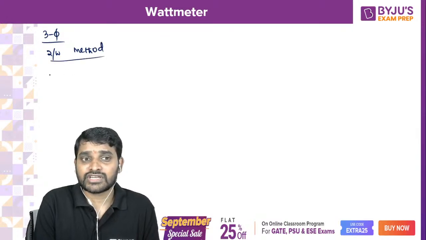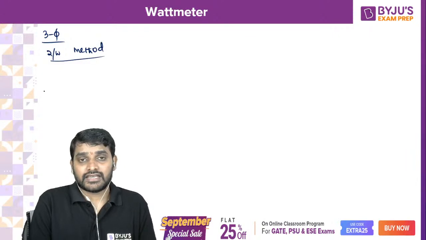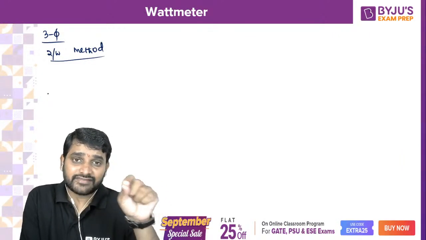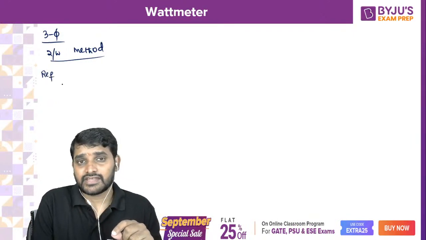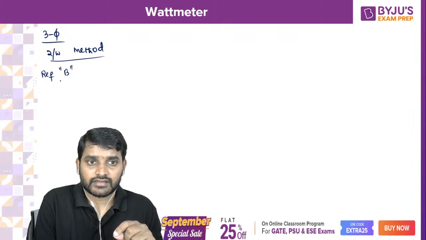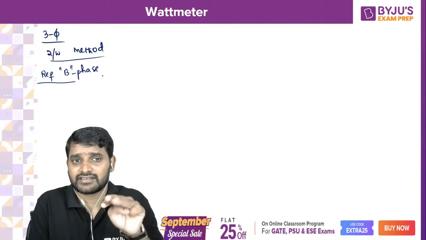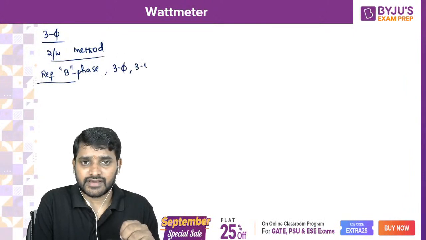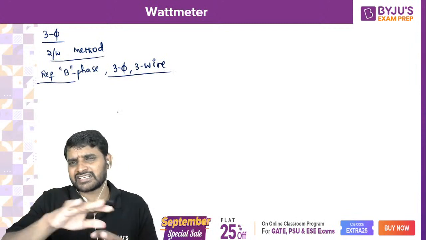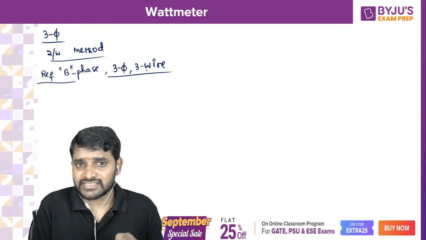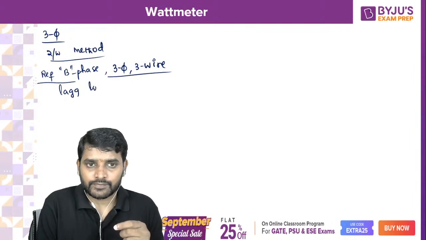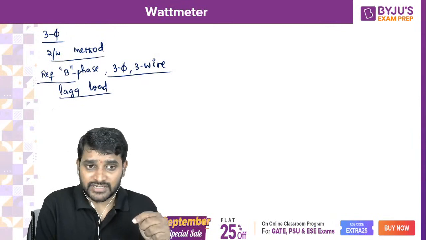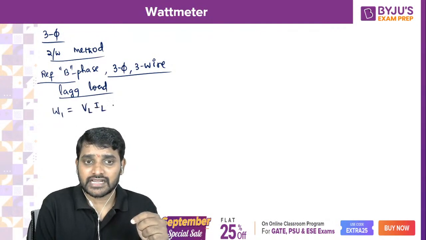If the reference phase is B, with a three phase three wire connection, maybe star connection or delta connection, it doesn't matter, and the load is a lagging load, then the wattmeter readings will be W1 equal to VL IL cos (30 minus phi), and W2 equal to VL IL cos (30 plus phi).